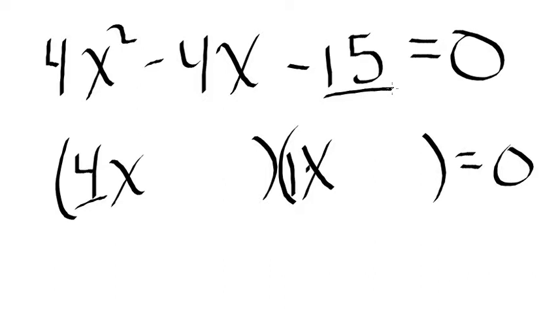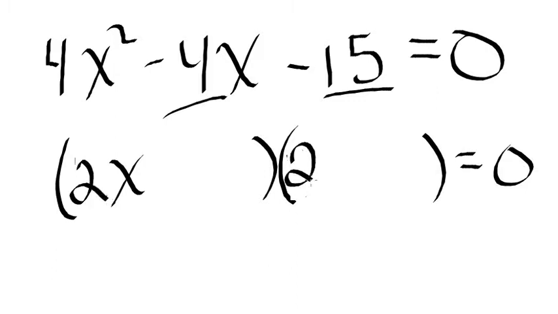It's either going to be 1 and 15 or 3 and 5. And if I put a 3 over there, 4 times 3 is 12. Somehow we add these together, we got to get negative 4. I don't see it happening. Let's change this. Let's just go ahead and erase this.